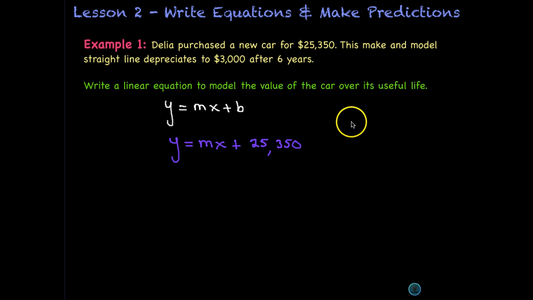M is our depreciation. It's our annual depreciation. We're going to have to apply what we learned in the last lesson to help us find our depreciation per year. So if we have a vehicle that we purchased for $25,350, we know that we need to subtract off the salvage value of $3,000 and divide that by its useful life of 6.